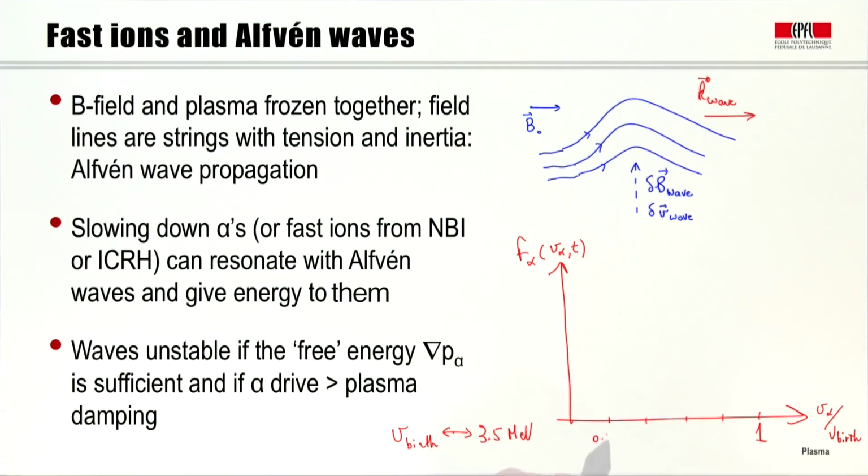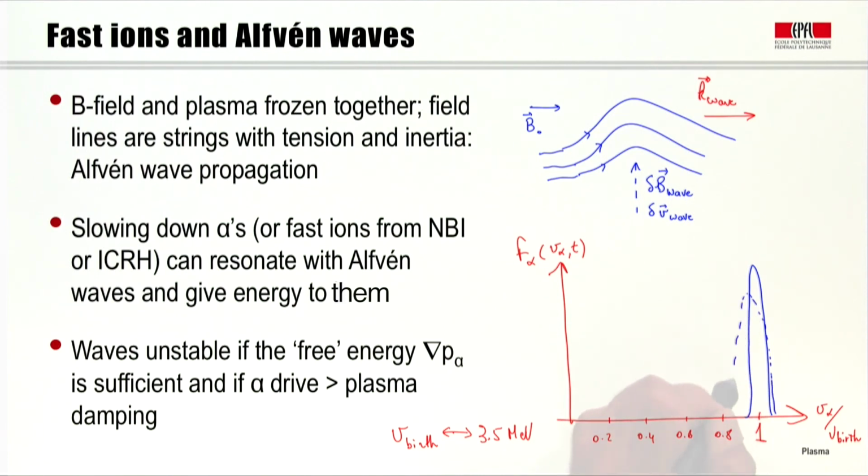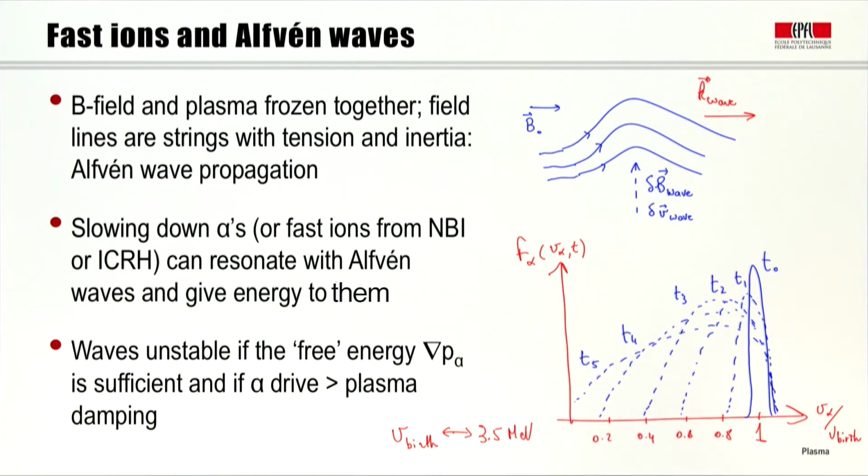Say this is 1, 0.2, 0.4, 0.6, 0.8. I will have something like that as a function of time. So initially, the alpha particles will be generated at the birth velocity corresponding to their birth energy, and then they will progressively slow down. So if this was T0, this is now T1, T2, T3, T4, and T5.